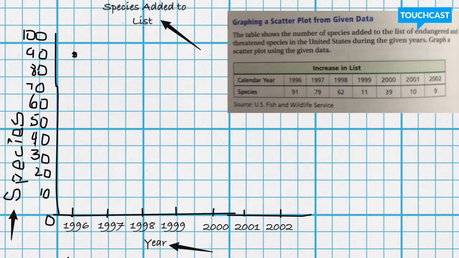So let's graph 1997, where there were 79 species added to the list. And then in 1998, we had 62 species added to the list. In 1999, there were 11 species added to the list.